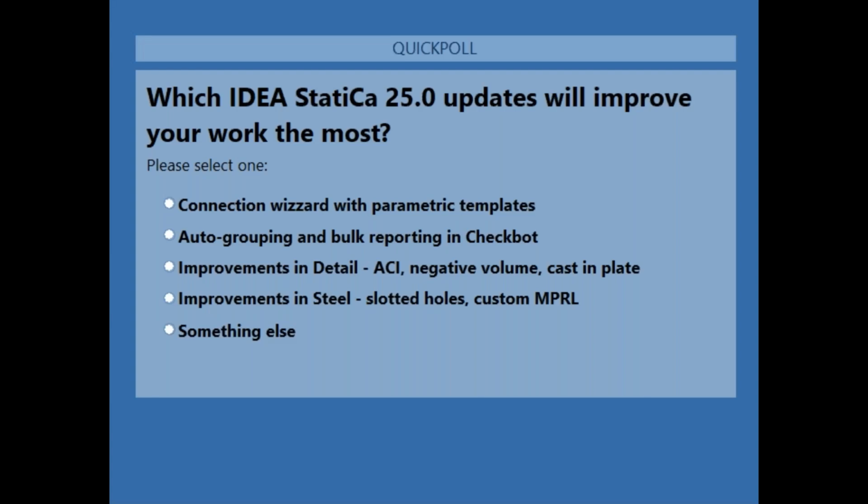It's either the connection wizard with parametric templates that Rose showcased, or the auto grouping and bulk reporting in Checkbot, or some smaller improvements in detail that will help with your concrete projects, or likewise the improvements in steel, slotted holes, custom cross sections saved in MPRL, or it's something completely else.